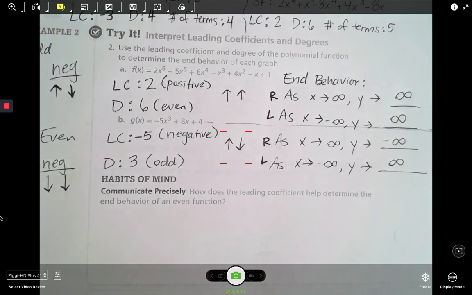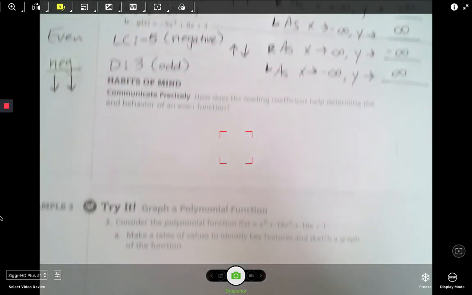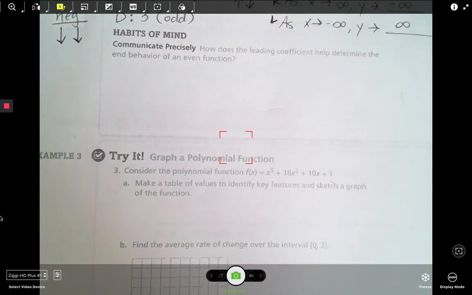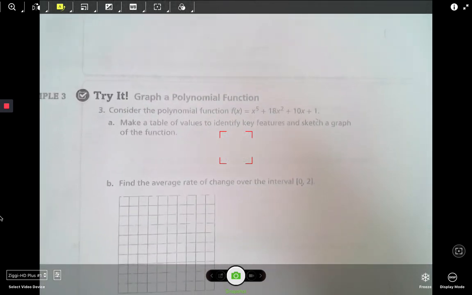All right, example 3 says consider the polynomial function f of x is equal to x to the 5th plus 18x squared plus 10x plus 1. Make a table of values to identify intervals where the function is increasing and the function is decreasing.